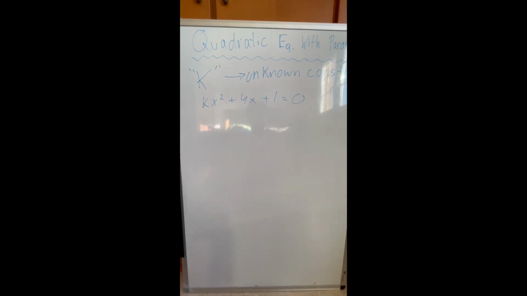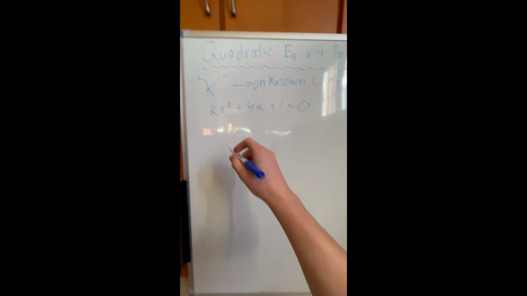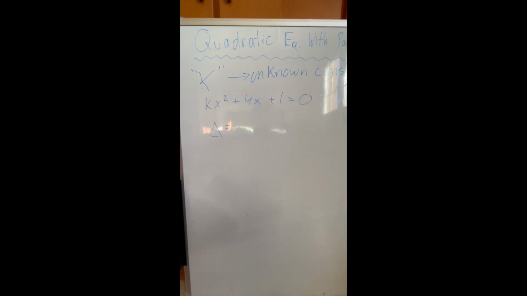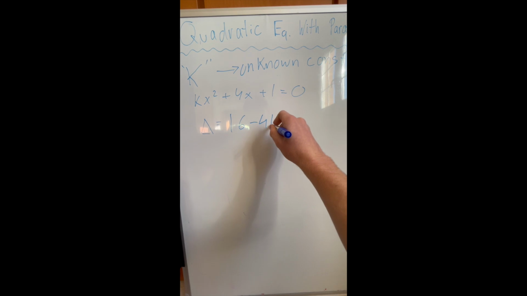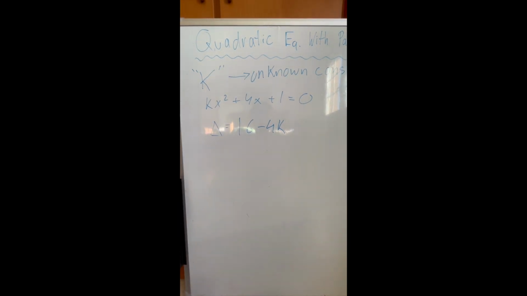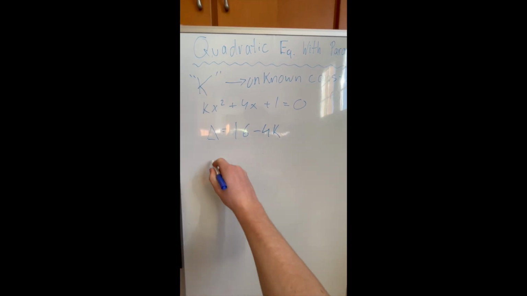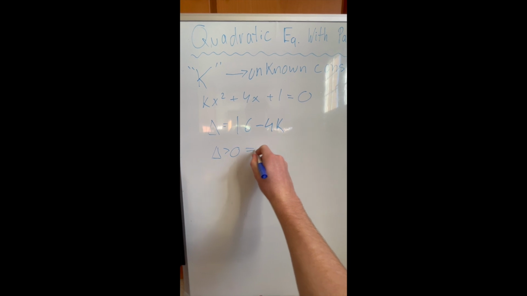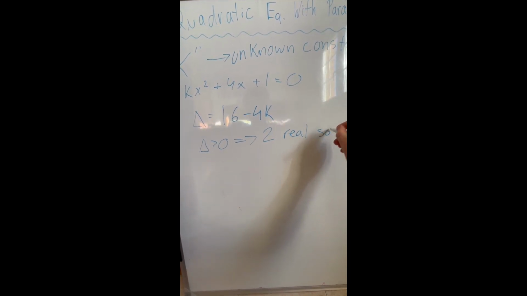Now let's focus on the different values of k. Let's extract the discriminant, which was what was inside the square root. The discriminant was equal to 16 minus 4k for this quadratic equation. So, we know that we have different answers. Where the discriminant is bigger than 0, that implies 2 real solutions.